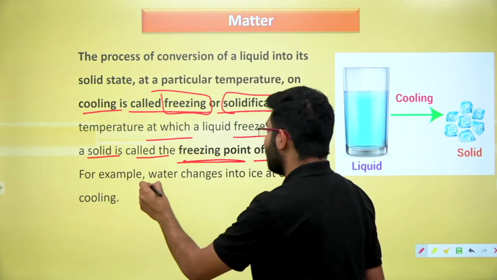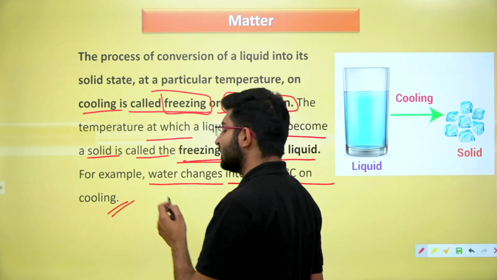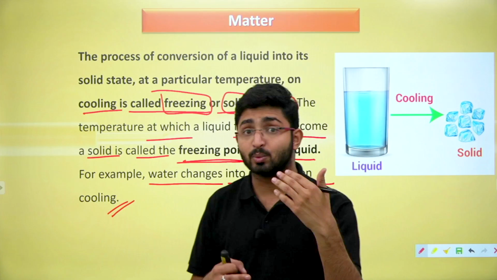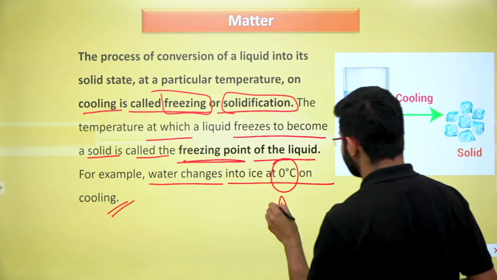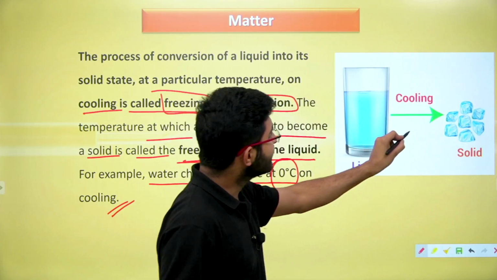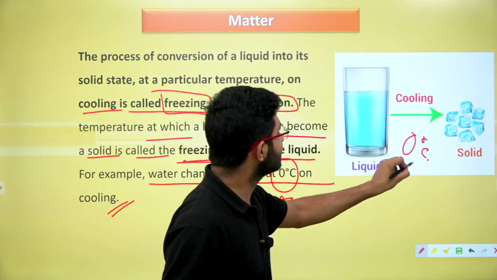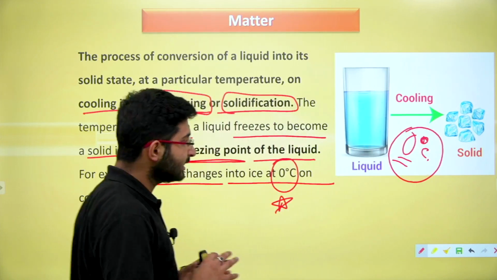For example, water changes into ice at 0 degrees Celsius on cooling. Always remember, this is a very important statement, that water always changes itself into ice at 0 degrees Celsius. 0 degrees Celsius is the freezing point of water, right? I hope this is very clear to you.